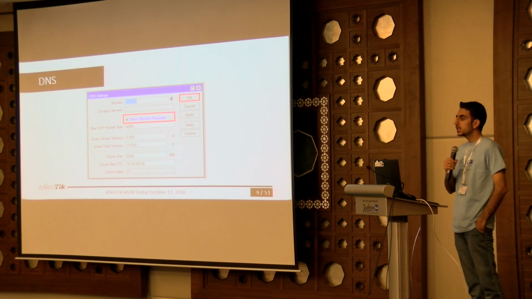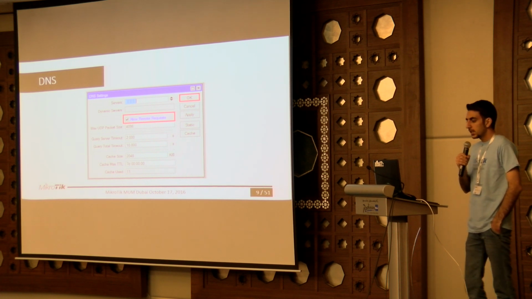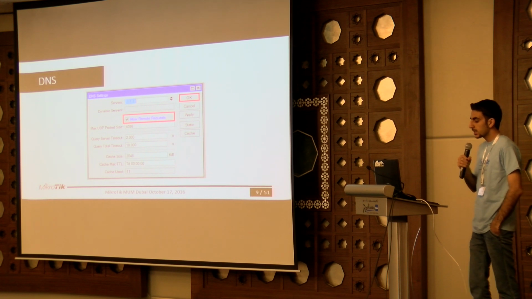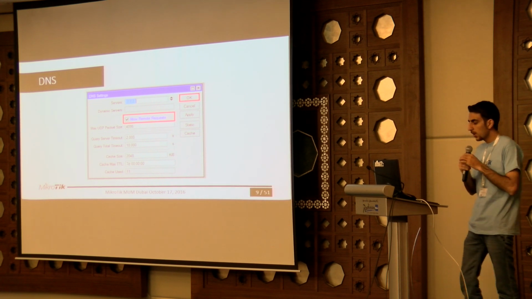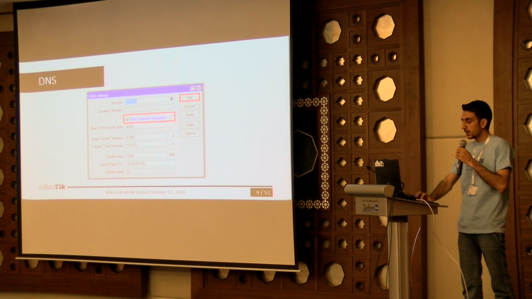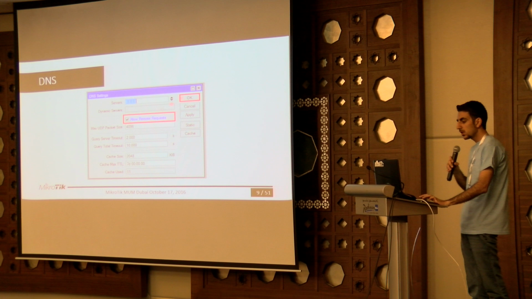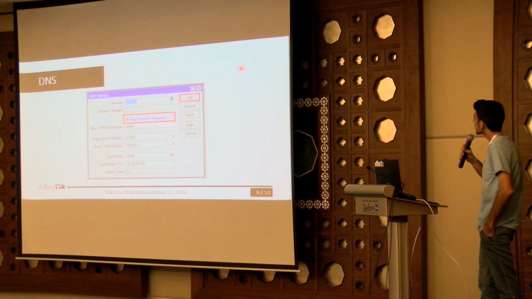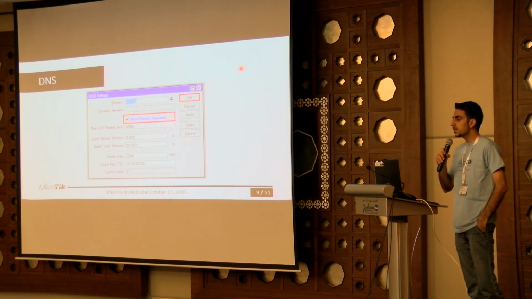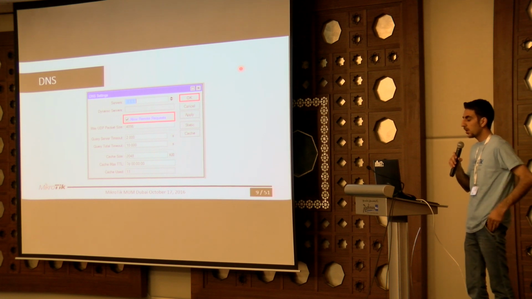We should enter the DNS server in the servers text box and set the allow remote requests checkbox, then click OK. After that, the router can respond to DNS requests from clients.